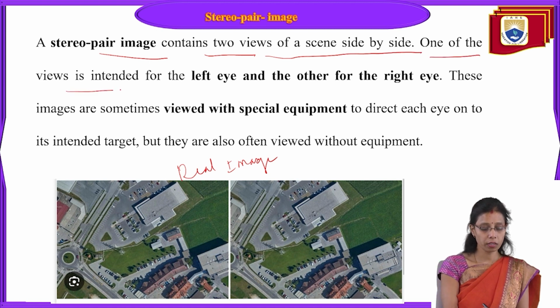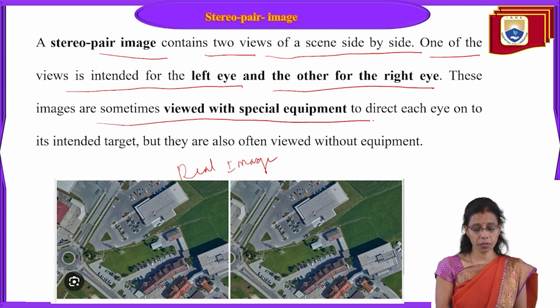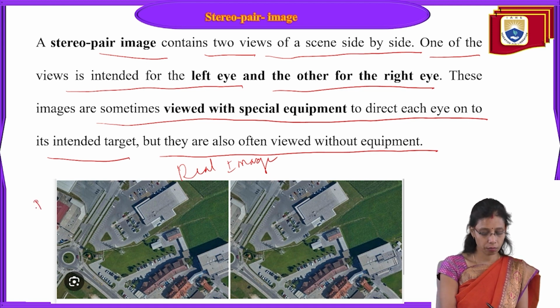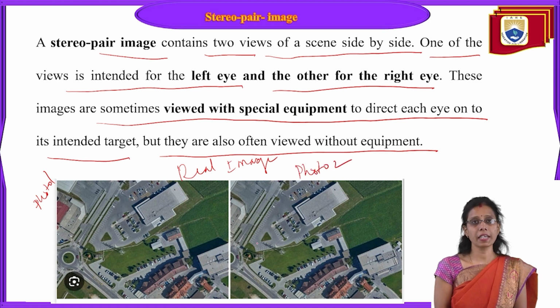One of the views is intended for the left eye and the other for the right eye. These images are sometimes viewed with special equipment to direct each eye onto its intended target, but they are also often viewed without the equipment. So this is photo 1 and this is photo 2. These are of the same flight line direction.